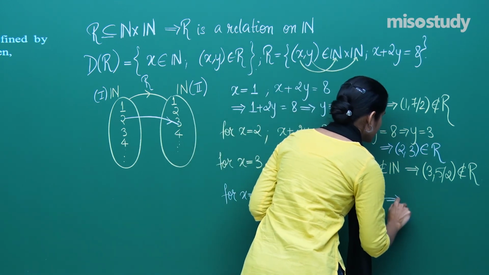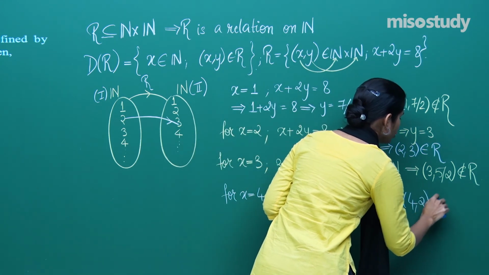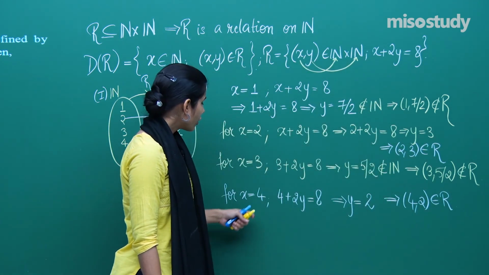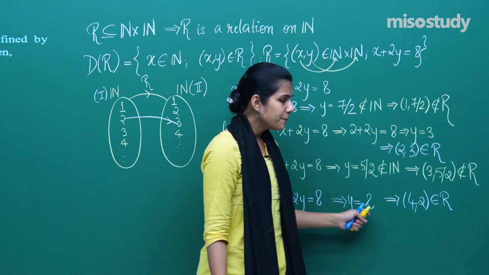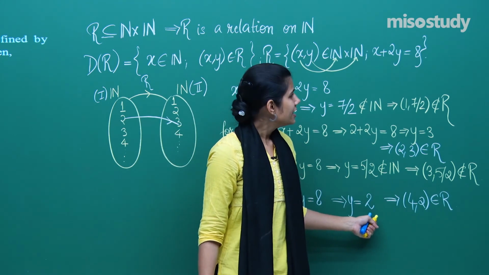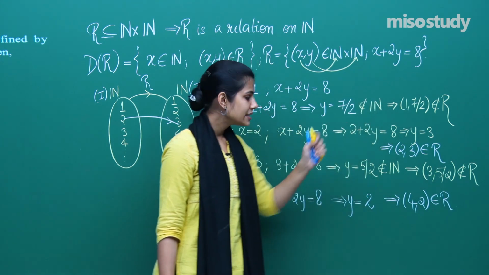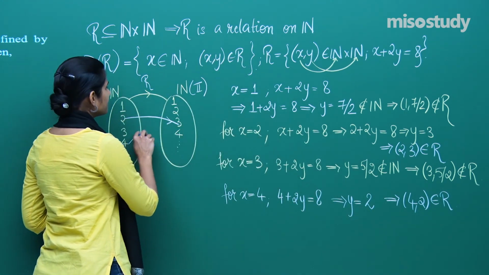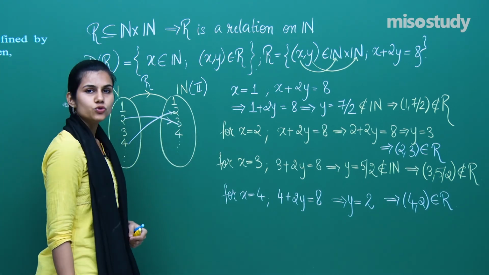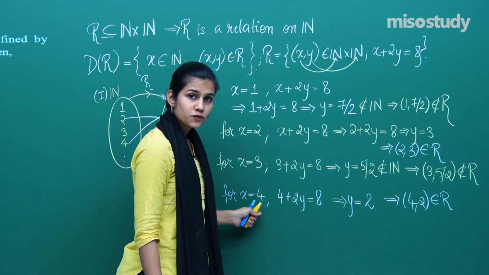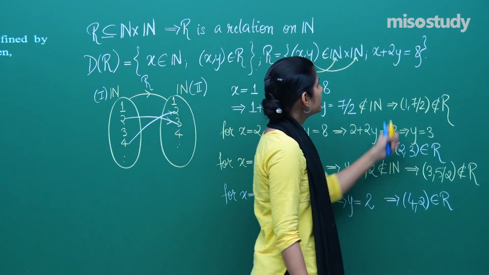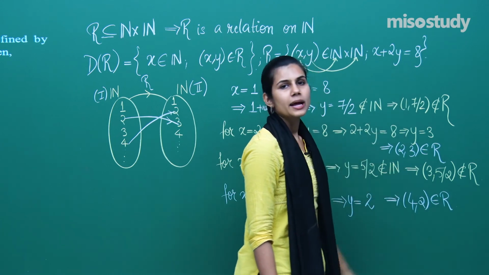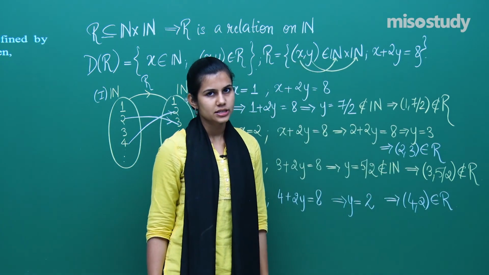And this implies your 4 comma 2 is very much inside R. Because corresponding to 4, the natural number with which 4 is related, satisfying this relation, is 2. Because when x is 4, y is 2, your relation gets satisfied such that x and y both are coming from the set of naturals.